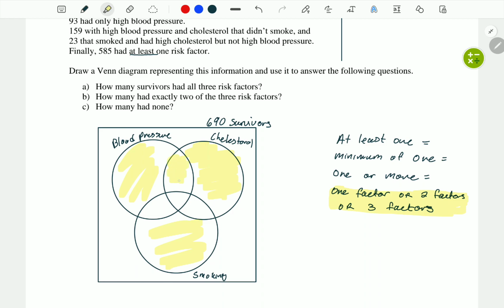These here are 2 risk factors. And the intersection is 3 risk factors. So when you see the words at least one in a Venn diagram question, at least one represents the sum of the circles.